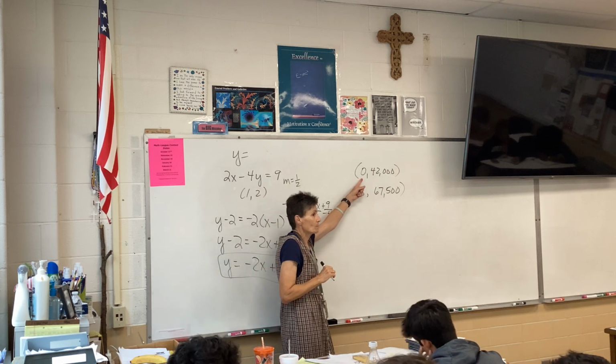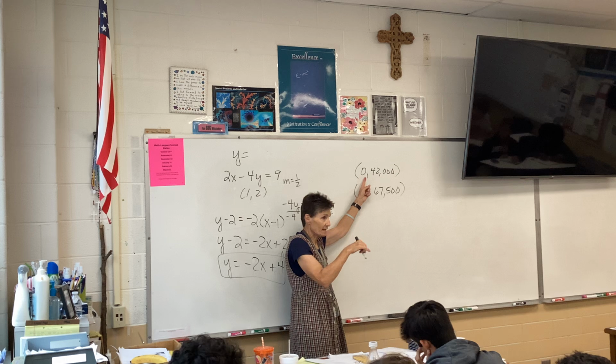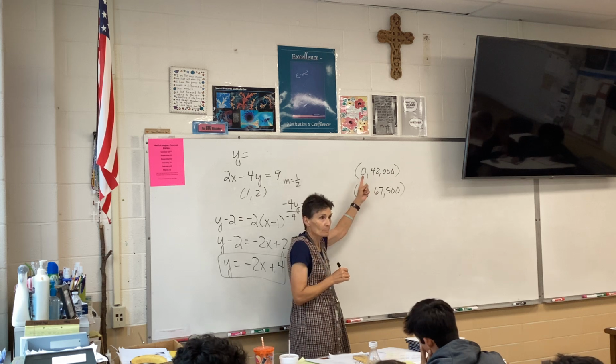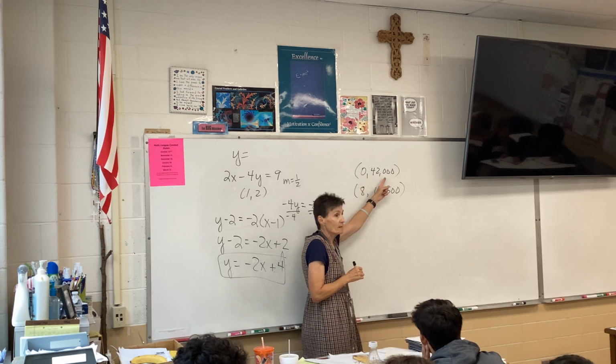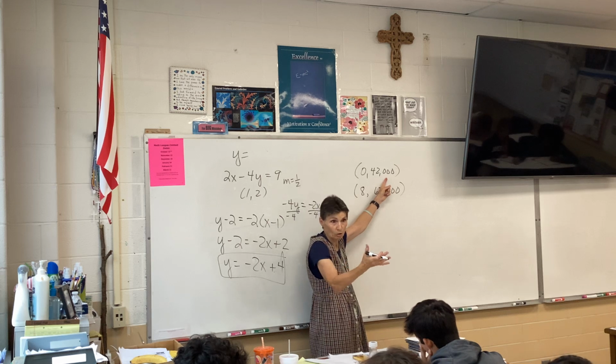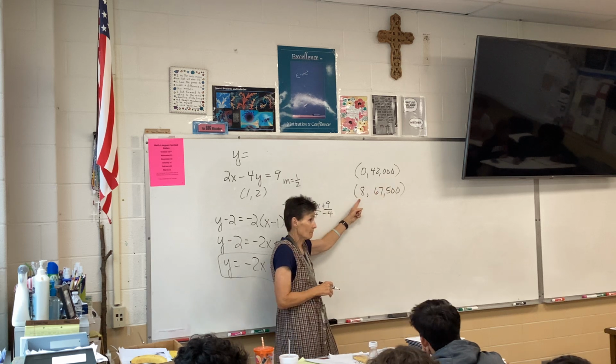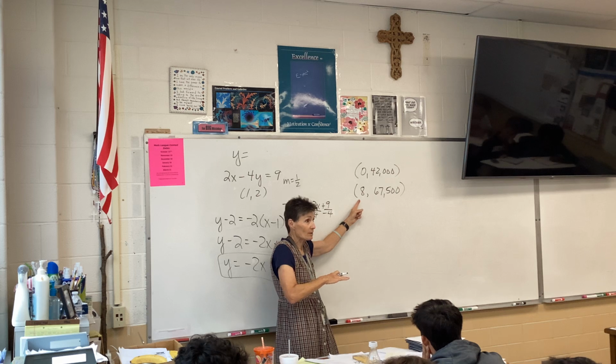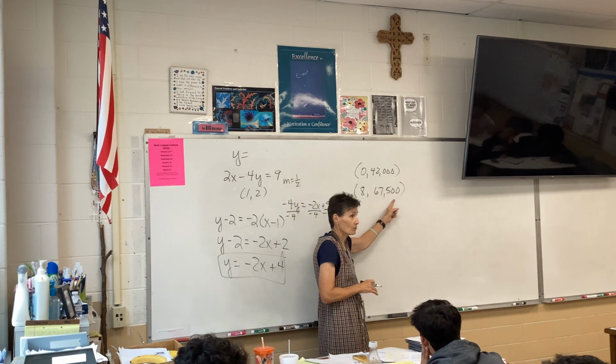What does this 0 stand for? The beginning of time for this problem, right? This is what he initially paid. This was his initial payment. What does that 8 stand for? 8 years. It's now 8 years later, and it's now worth this much.